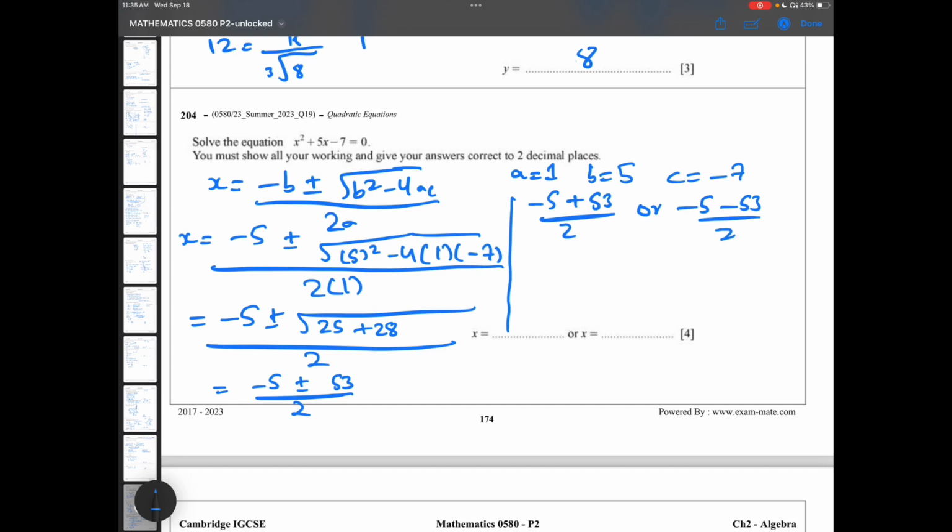Minus 5 plus 53 is 48 upon 2. This will be equal to 24. And minus 5 minus 53 is minus 58 upon 2. This will be equal to minus 29. So these are my values for x, 24 and minus 29.